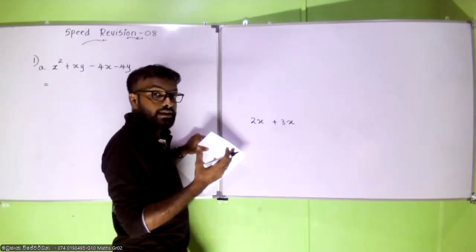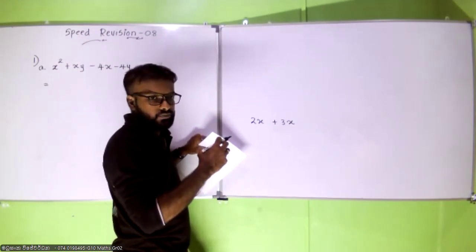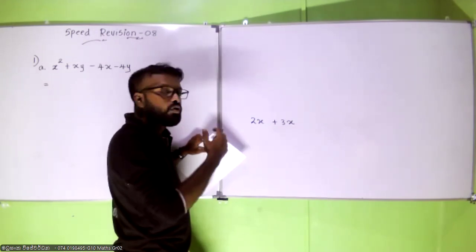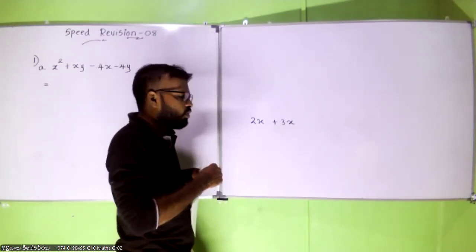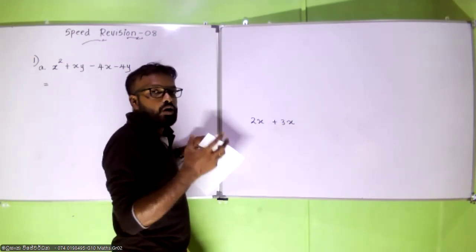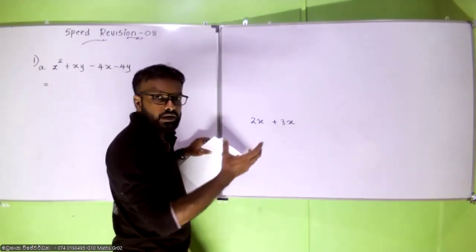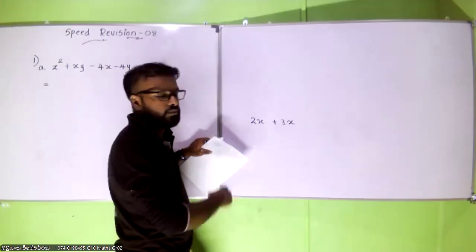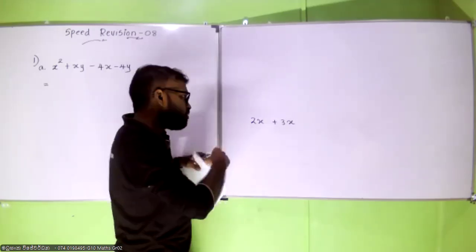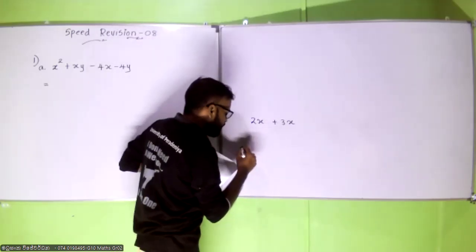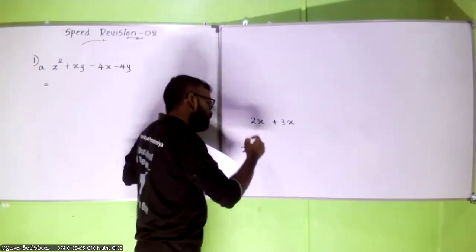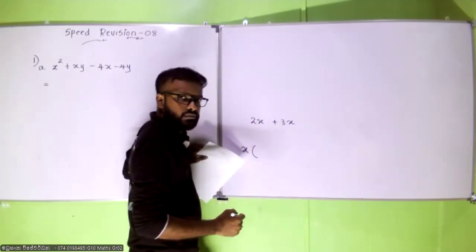Normally you are going to take your common term out, right? Normally you are going to take your common term out. So actually what you are going to do in that particular moment when you are taking your common term out, right? So you are going to do something like this. You are taking your x out from the brackets, correct?